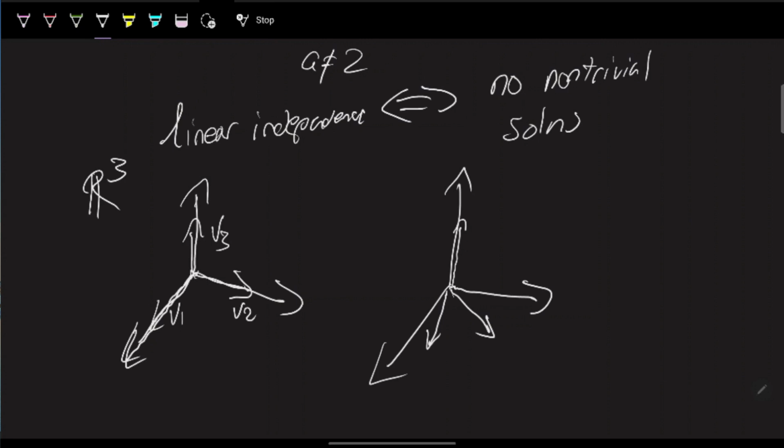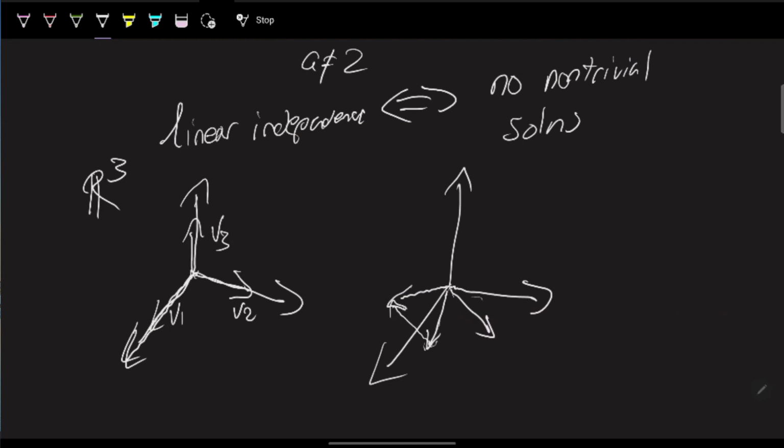Yeah. But now, let's say that instead of the third vector being the z-axis, my third vector still exists somewhere in the xy plane. And now we have a bit of redundancy, right? We could write out a bit with this vector, and then we could take the negative version of this vector to write over here, and then we could take the negative version of this vector to write back.